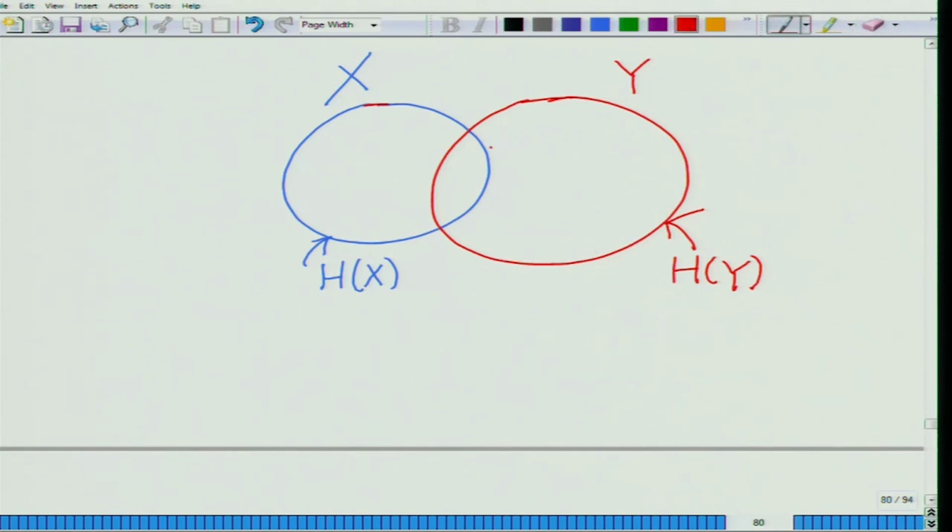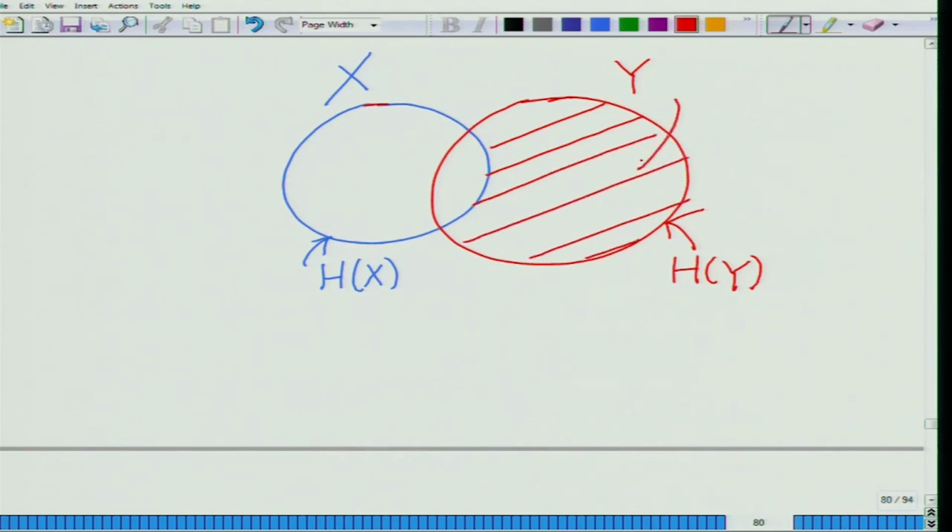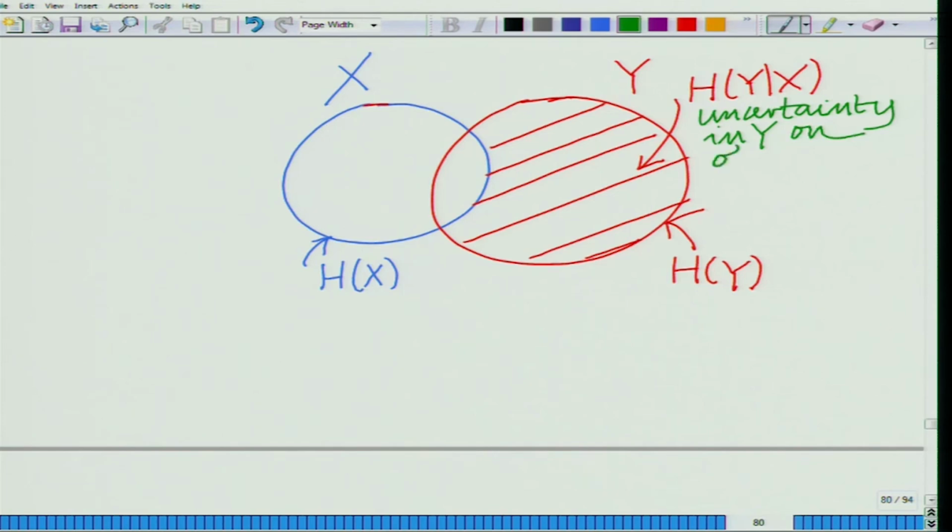If you look at this shaded region, that is in y but not in x, this is the uncertainty remaining in y on observing x, or conditioned on x.